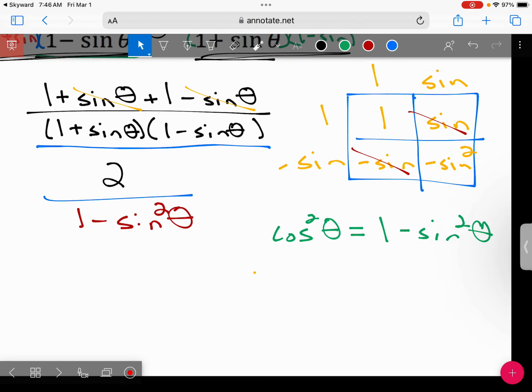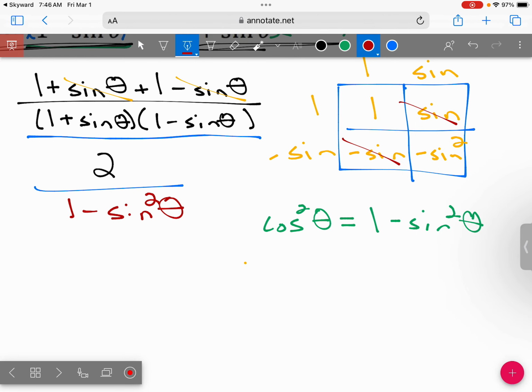On the homework, there was one question where we had, I think, sine squared theta minus 1. Let's think about that. Sine squared theta minus 1, if you pull out a negative sign, we then get 1 minus sine squared theta.